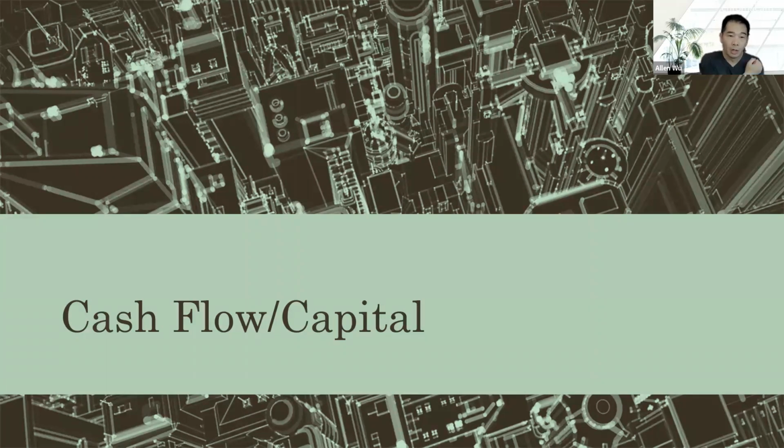Okay, so that is the cash flow, and that is the capital. For a business, we want to see what the debt schedule is, how much debt they have. They might already have other loans, equipment loans, SBA loans, business loans or credit cards, whatever that might be.